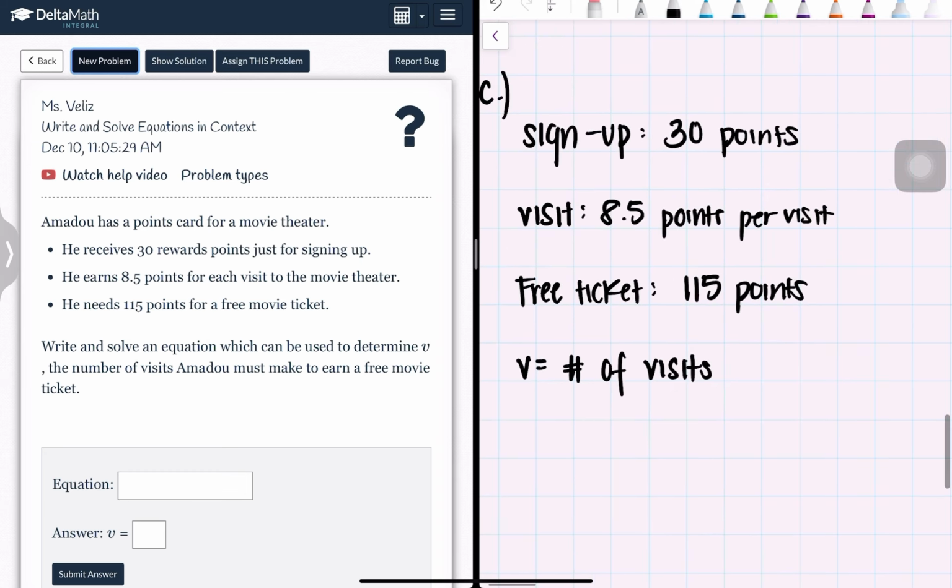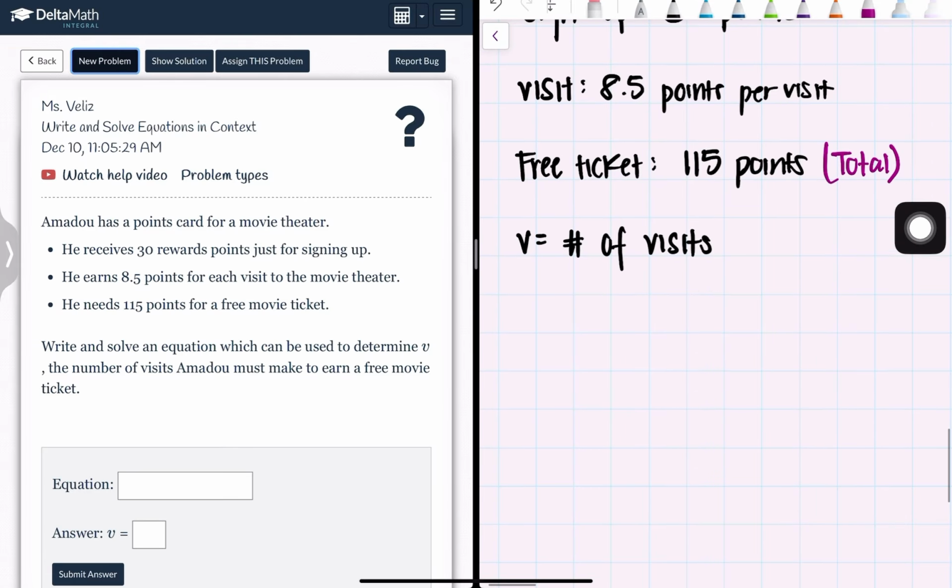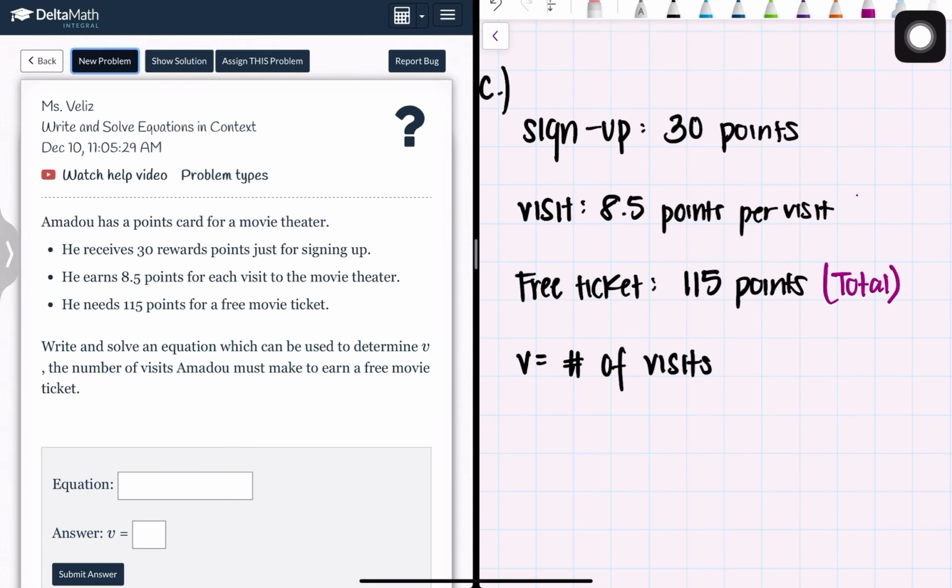So let's go ahead and start off, guys. We know my final goal is to get a free movie pass, so I'm going to make the 115 my total. Each time I visit, I am going to be getting 8.5 points. So this is representing the rate, because each time I go, it's going to be increasing by this much.